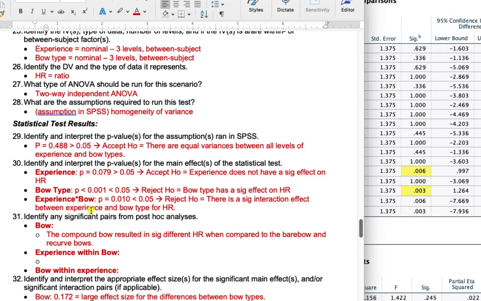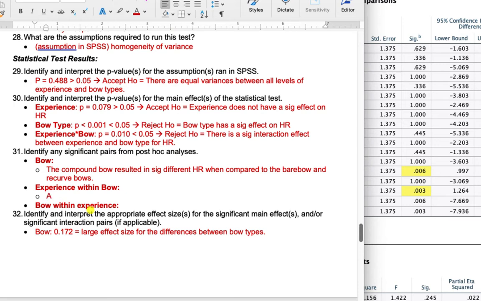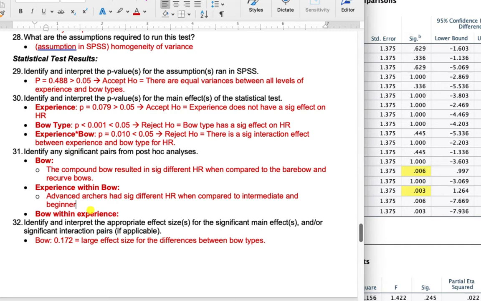So we could write this as advanced archers had significantly different heart rate when compared to intermediate and beginner archers who used a compound bow.